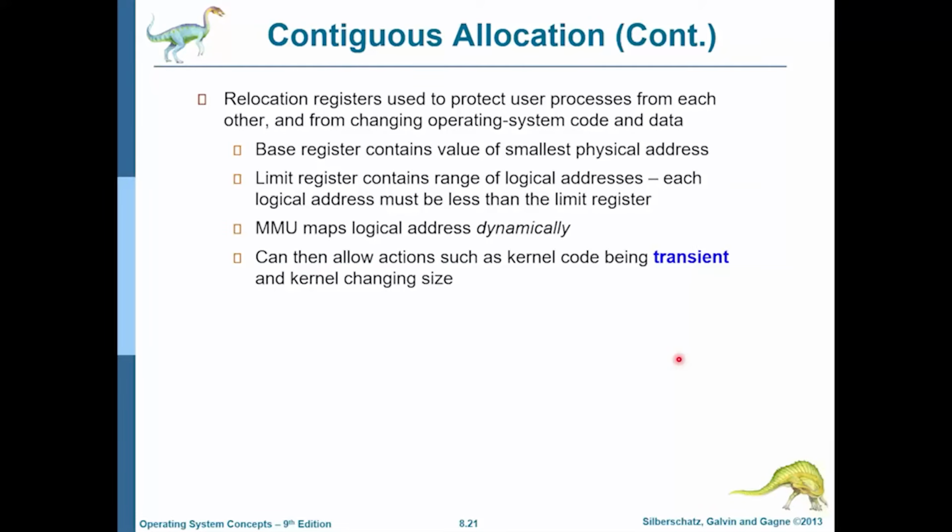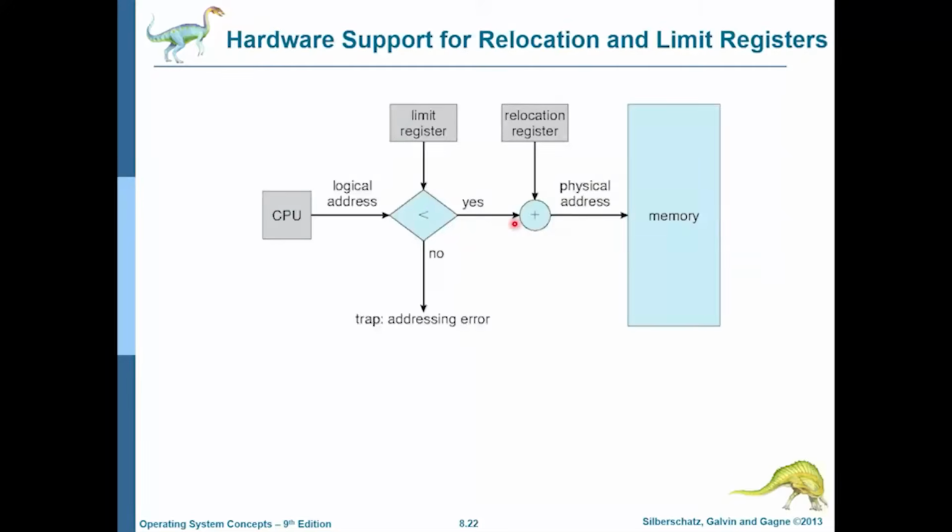Protection can be achieved if memory is allocated contiguously using relocation registers, and it is the job of the MMU to map logical addresses dynamically, as you can see right here. There is a CPU that generates logical addresses. There is a limit register which says, okay, are you within the limit? If not, we will trap.